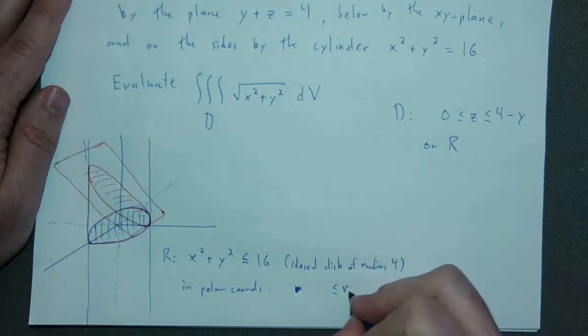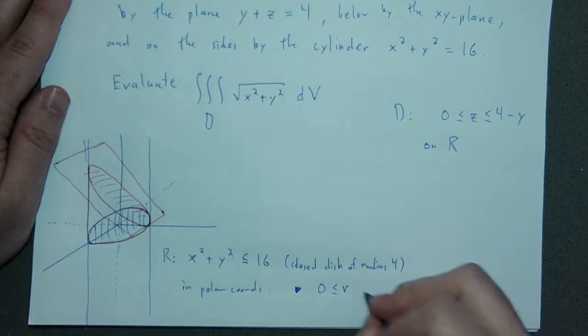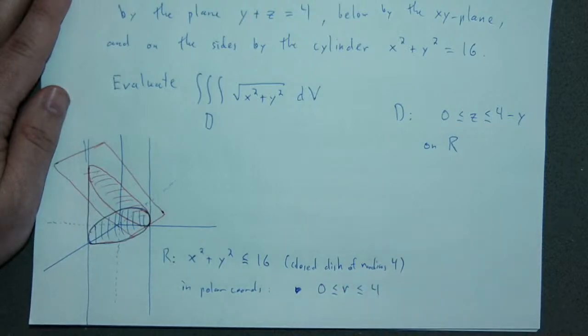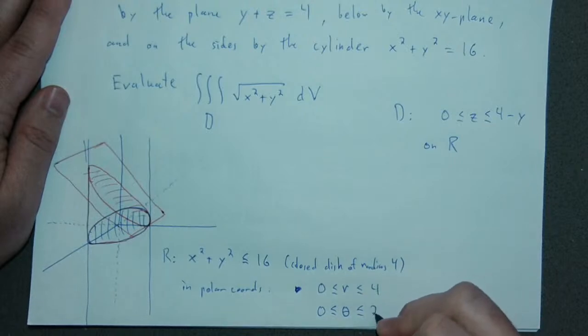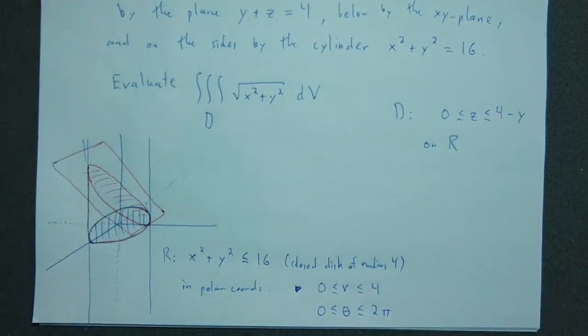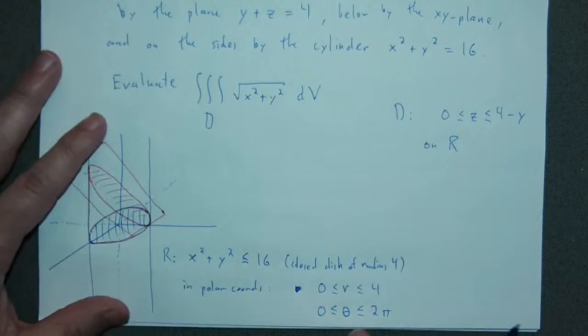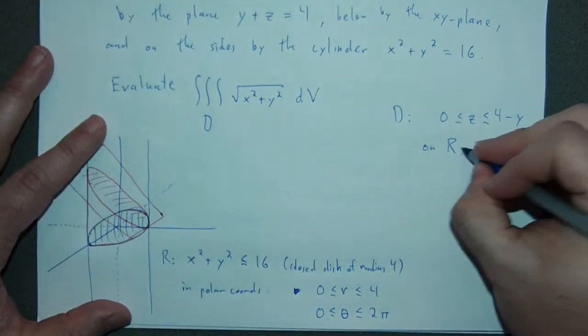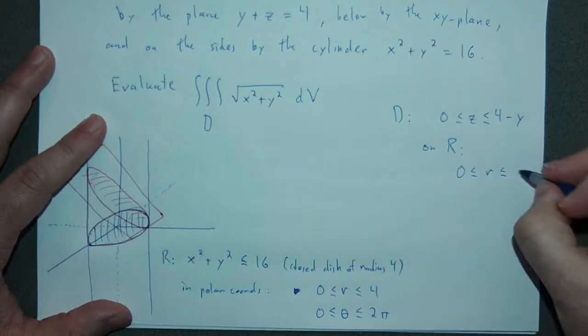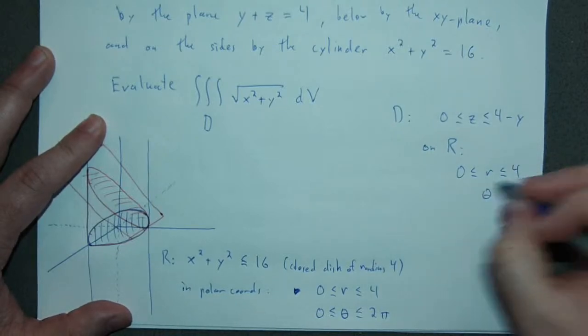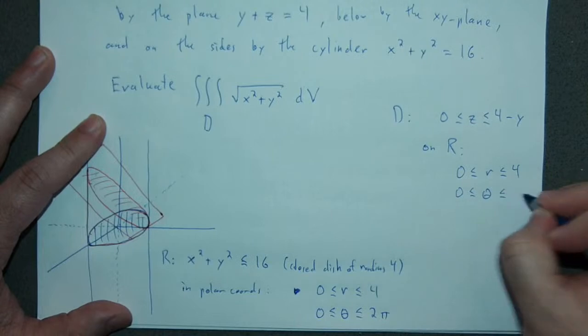So my r, my distance from the origin, goes from 0 to a max of 4. And theta, it's the entire disk, it's not some portion of it, so theta goes from 0 to 2 pi. And so this is my description of R. So little r goes from 0 to 4, and theta goes from 0 to 2 pi.